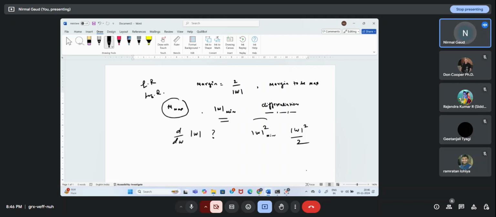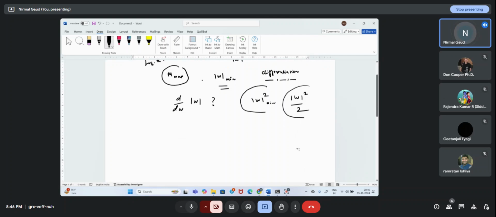So all these are assumptions which we are following just in order to have simplification easy. Okay, simplify.